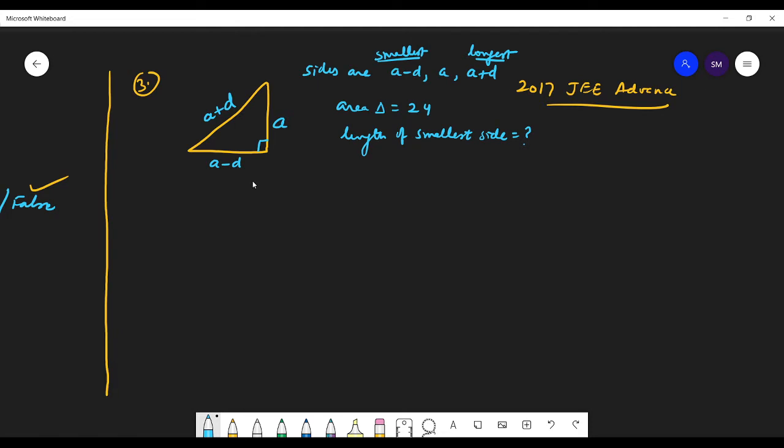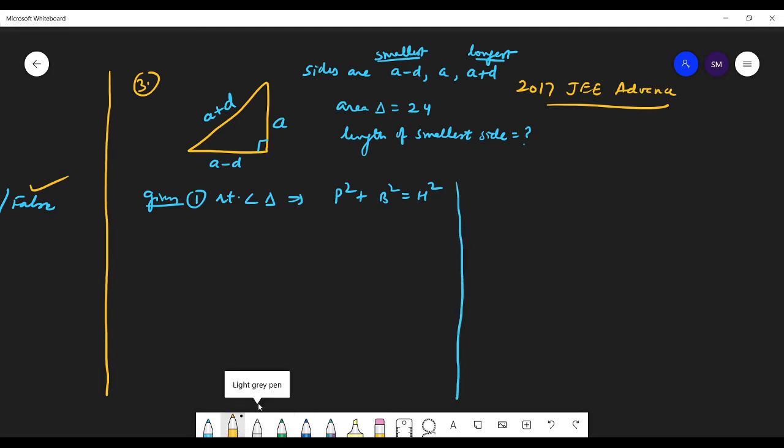Yes, sir. So two things are given to you. Let us use them. First thing is a right angle triangle. So if you have a right angle triangle, it means perpendicular square plus base square is equal to hypotenuse square. So let us use it.